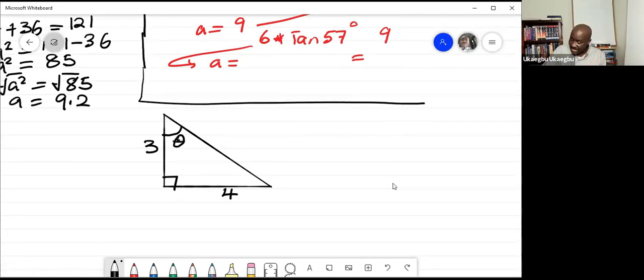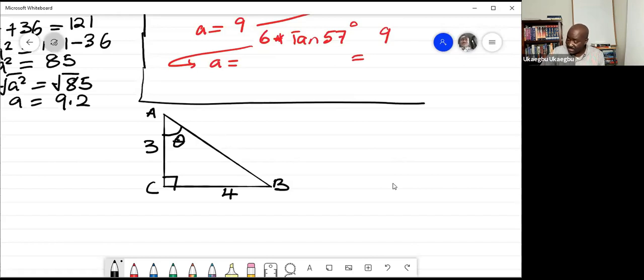You can label this as A and B and C. Once you have a right triangle, there's nothing that stops you from using Pythagorean theorem to get the missing side. So it is actually recommended. Let's just apply it right away.